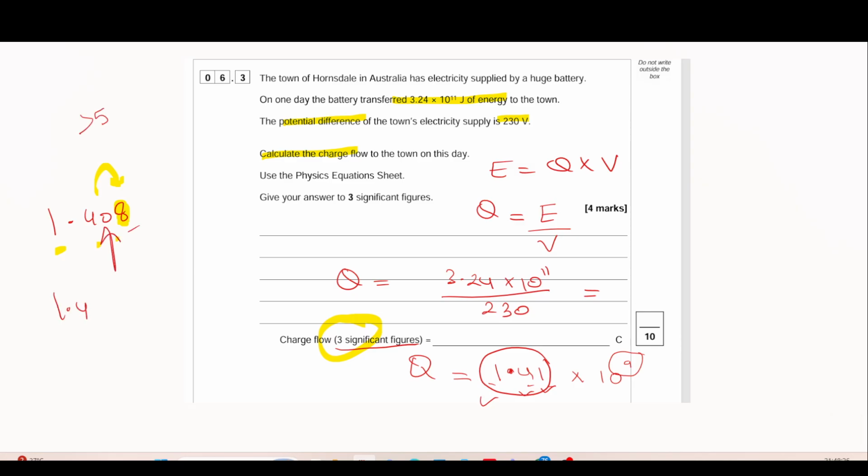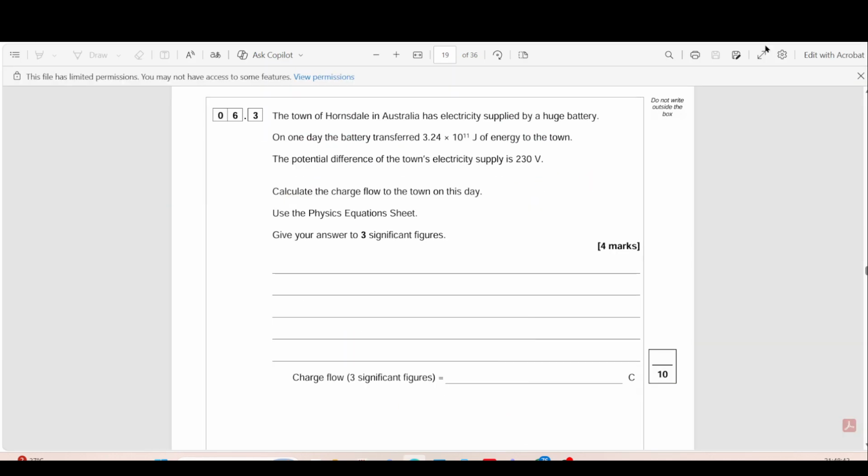So this will become 1.41, okay? Yeah, this is like rounding numbers. If it is less than 5, then you keep it the same. It will be 1.40.